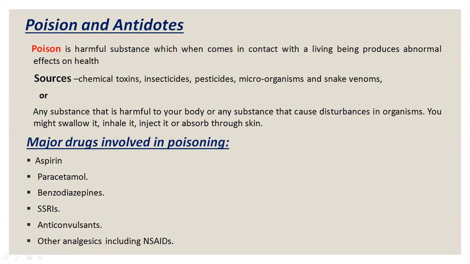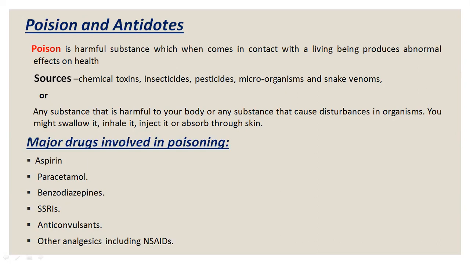Then some microorganisms are also responsible for causing the poison, as well as the snake venoms, nothing but the bite of a snake. So सापाचं विष पण, whenever a snake bites a human, everyone will say that it is producing poison in your body. So chemical toxins, insecticides, pesticides, microorganisms, and the snake venoms.